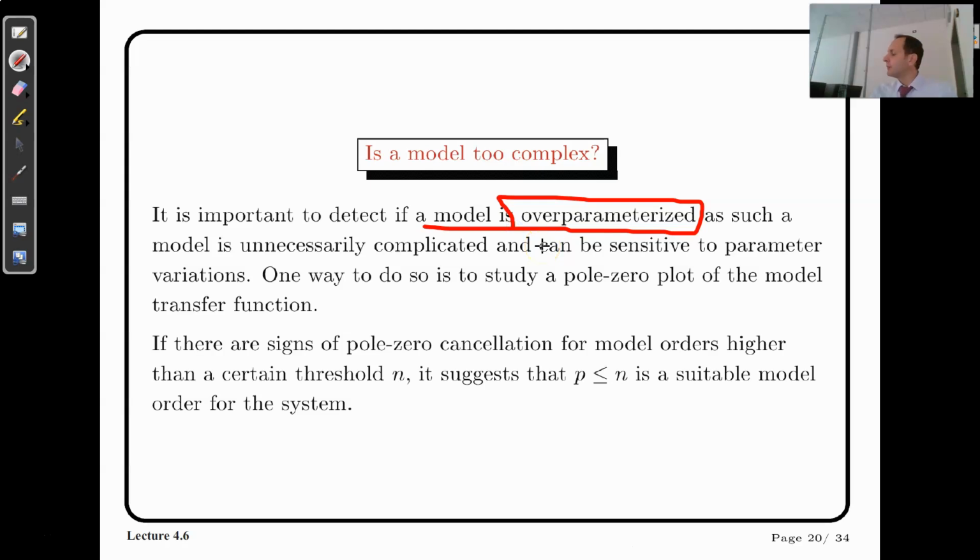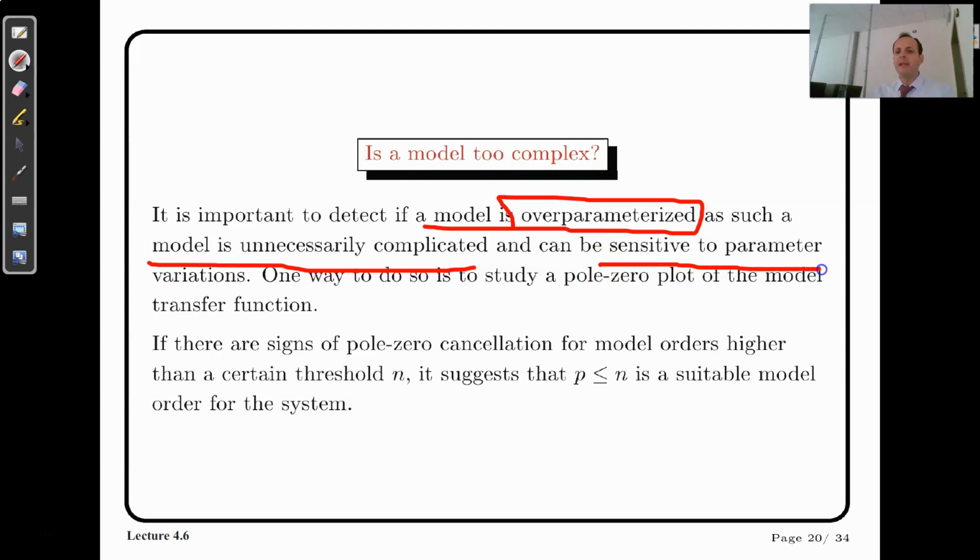It means that you chose a number of parameters that is too high, so the model is unnecessarily complicated, because it uses more parameters than the minimum number needed.